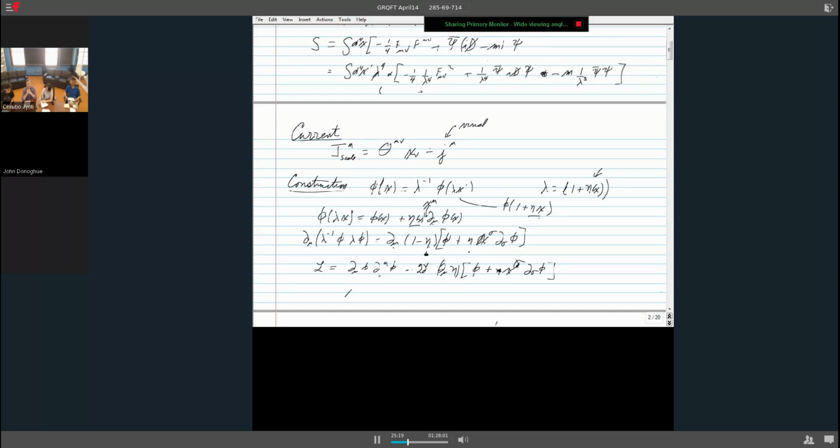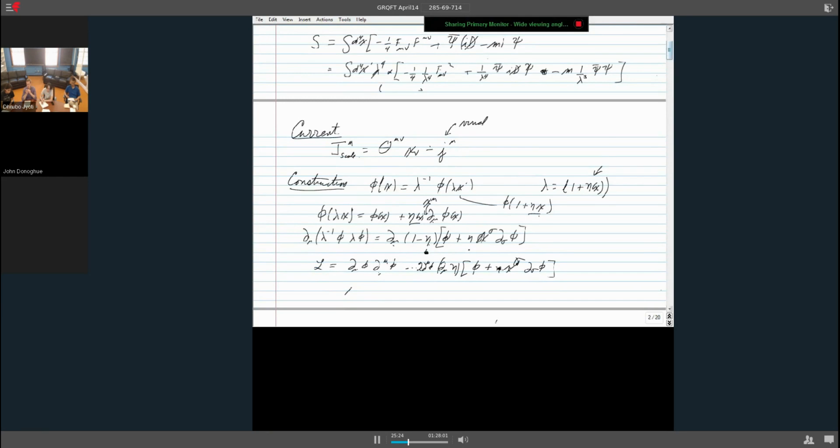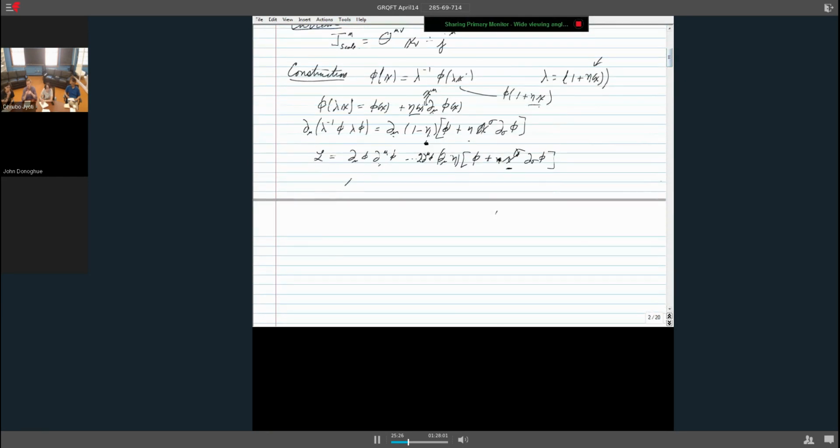I get a d mu eta with phi from that piece there, from taking the derivative there, and then another one from here, which is eta, d mu eta x sigma d sigma phi. Okay, and this is multiplied by 2 d mu phi.